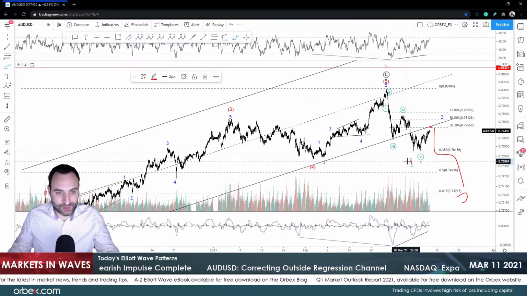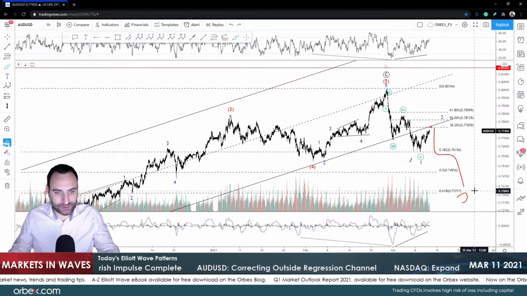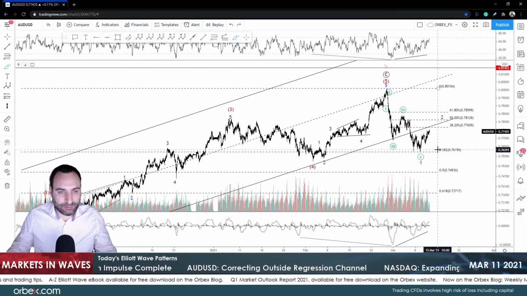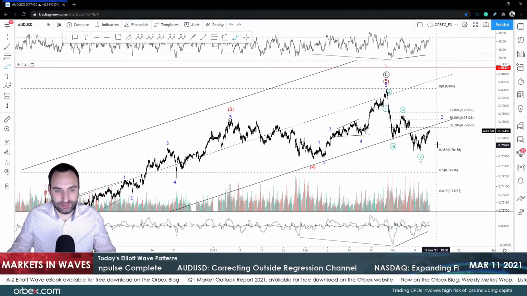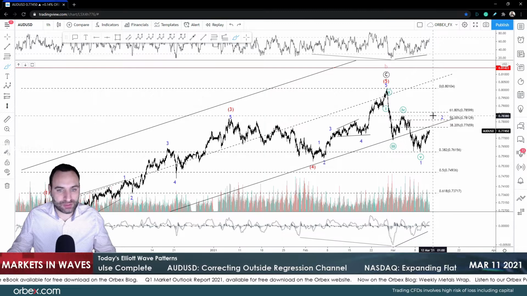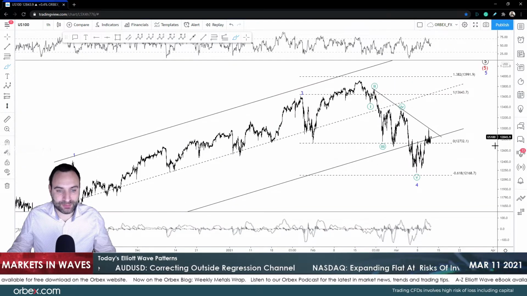Or it could be a case where this is an ABC, as always, yeah? And then we're going to see a continuation on the upside, similar to the pound. Now, I'm a little bit more bearish than the pound over here, obviously because we broke the trend line, okay? But without that meaning that we cannot move up to 78.38 or even 78.60, okay?